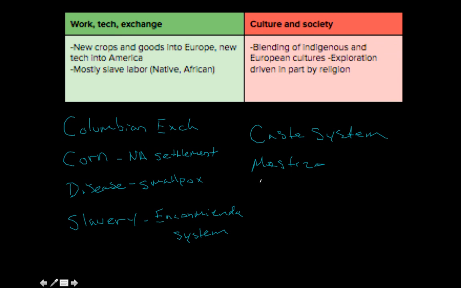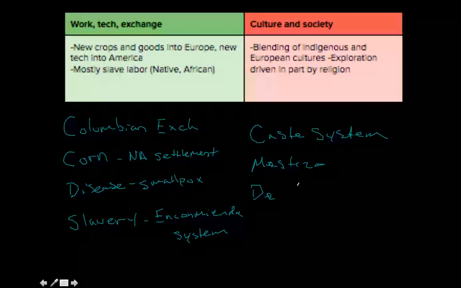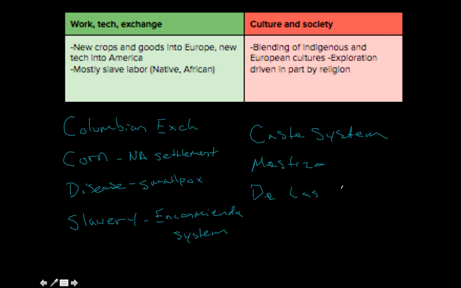We also get the first debates about the ethics of colonization. Bartolome de las Casas is one who brings to mind this issue of exploitation of native groups.